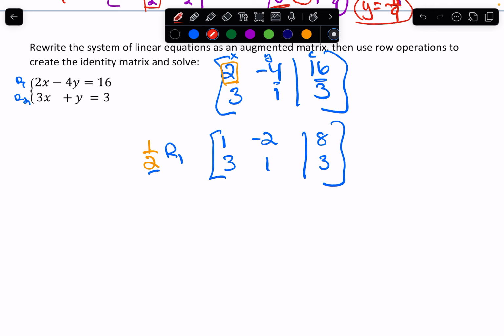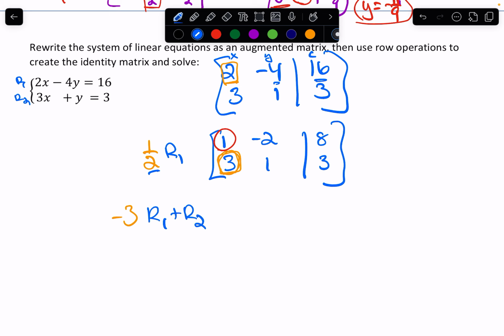Okay, next one. So we have a 1 right here. Next, what we want to do is get the 3 to a 0. So what we're going to do, and what usually works, is take the opposite of this element right here, which would be a -3. Multiply row 1 by it and add it to row 2.